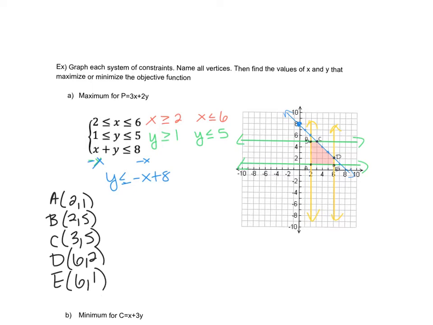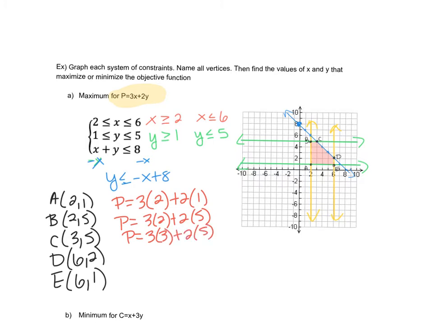So let's go ahead and plug these in. Remember our objective function was p equals 3x plus 2y. So we would have p equals 3 times our x value, which is 2, plus 2 times 1. I'll just set them all up before I solve them. p equals 3 times 2 plus 2 times 5. 3 times 3 plus 2 times 5. 3 times 6 plus 2 times 2.